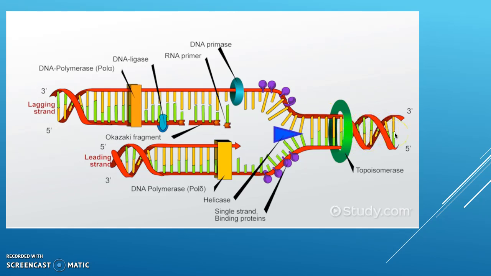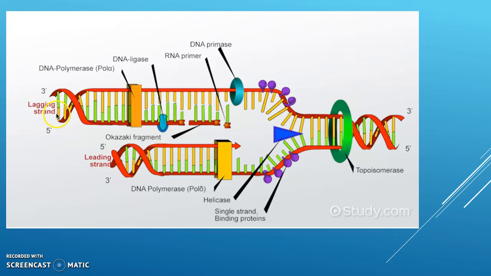From there, helicase then begins to break apart the hydrogen bonds between the nitrogenous bases, kind of like unzipping a zipper. This ultimately splits DNA into two separate single strands, and these two strands are defined as either the leading strand or the lagging strand, depending on the antiparallel orientation.